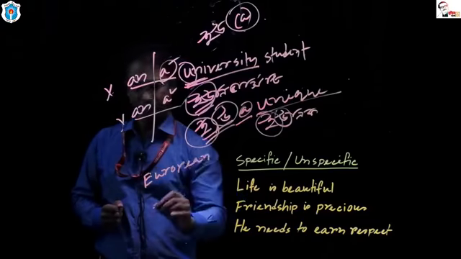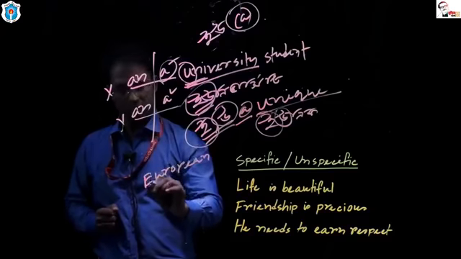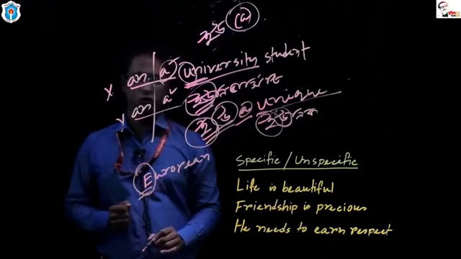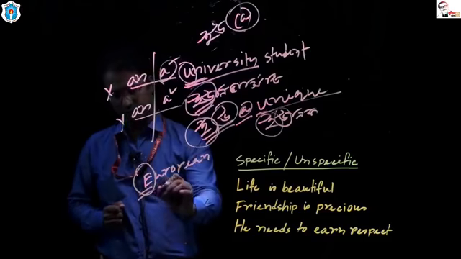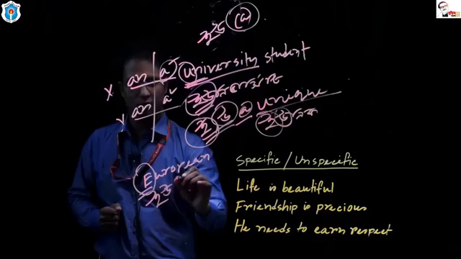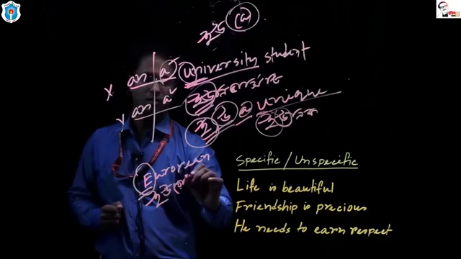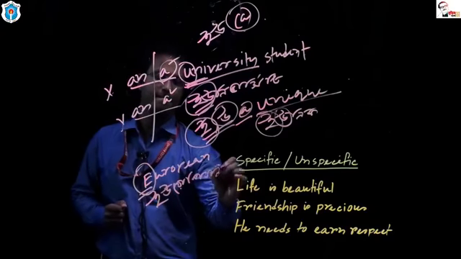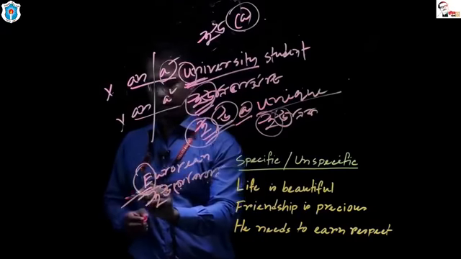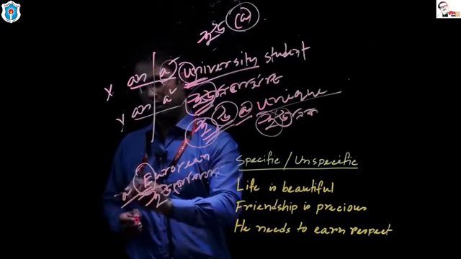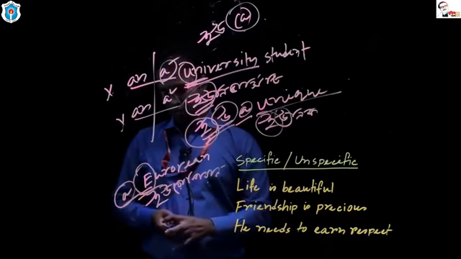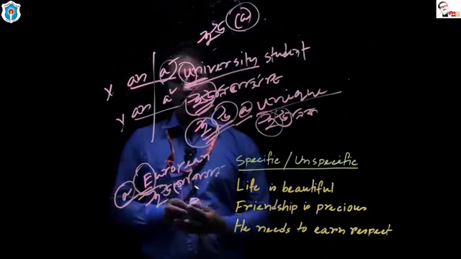There are two vowel sounds here. So as there are two vowel sounds here, that's why it will be A. So this is the correct way of giving A here.